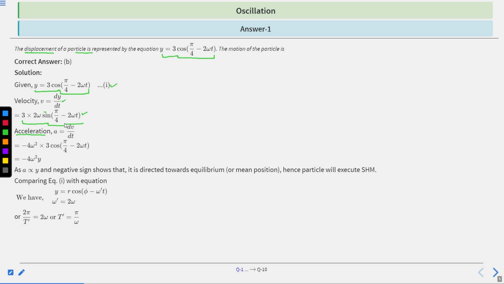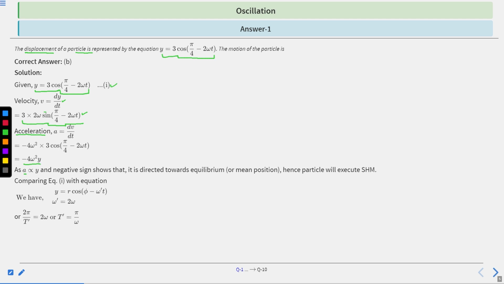When we take the derivative of the velocity term, we get the acceleration, which is minus 4 omega square multiplied by 3 cos(pi by 4 minus 2 omega t). So acceleration is equal to minus 4 omega square multiplied by y.